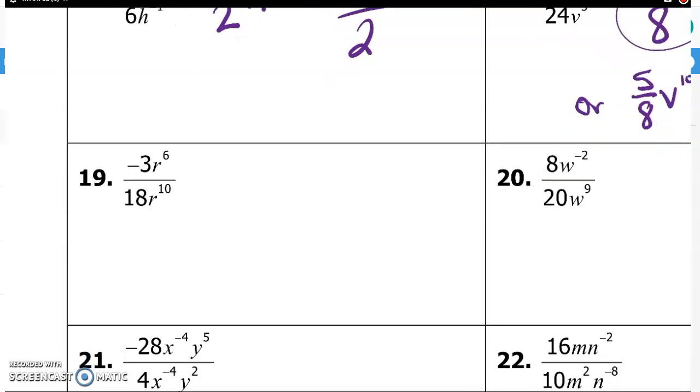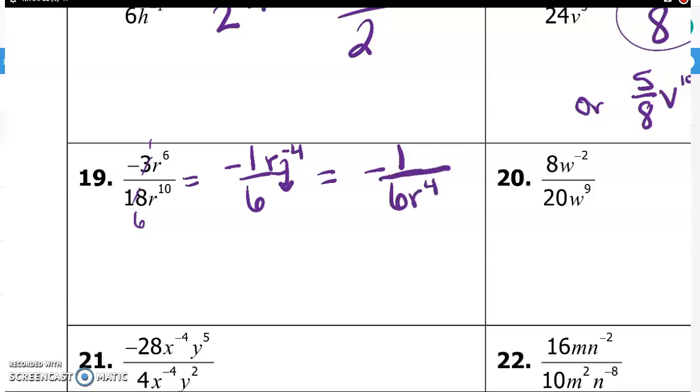Number 19, 3 over 18 is 1 over 6. So negative 1 over 6. And then we would have r to the negative 4. So that r to the negative 4 needs to go to the bottom. Your negative 1 stays on the top. 6r to the 4th then is on the bottom.